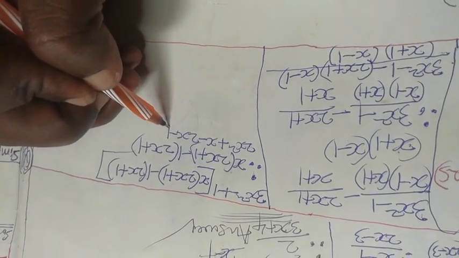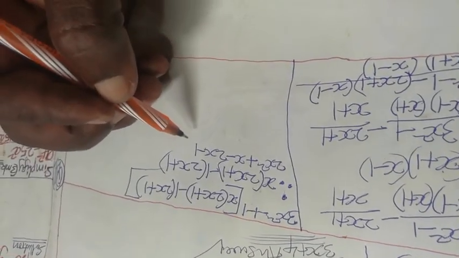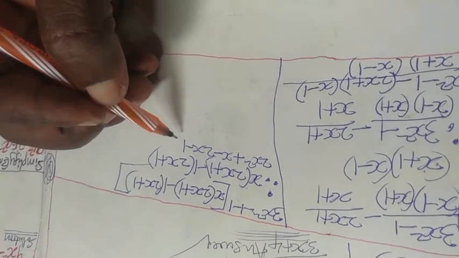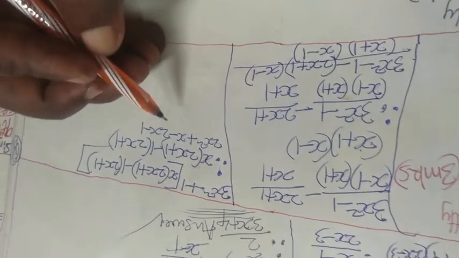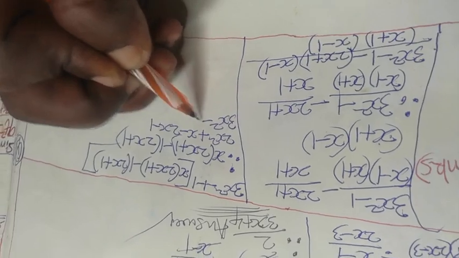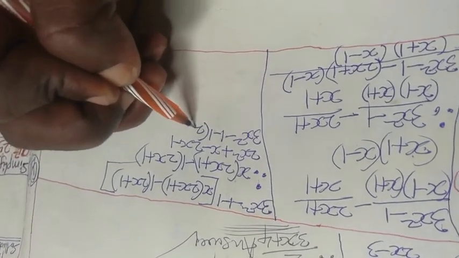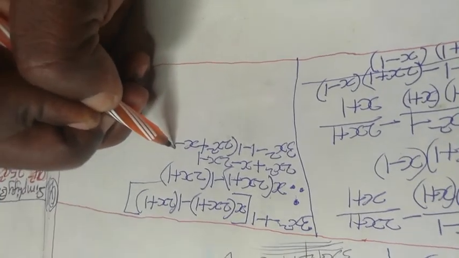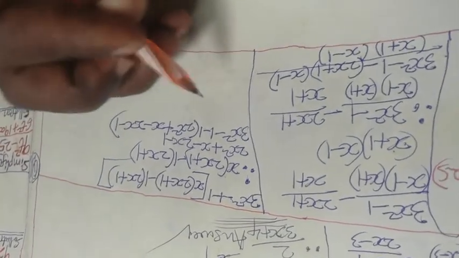By expanding the two parts of the expression in its initial form, we say 3x squared minus 1 into brackets 2x squared plus x minus 2x minus 1 all into brackets.